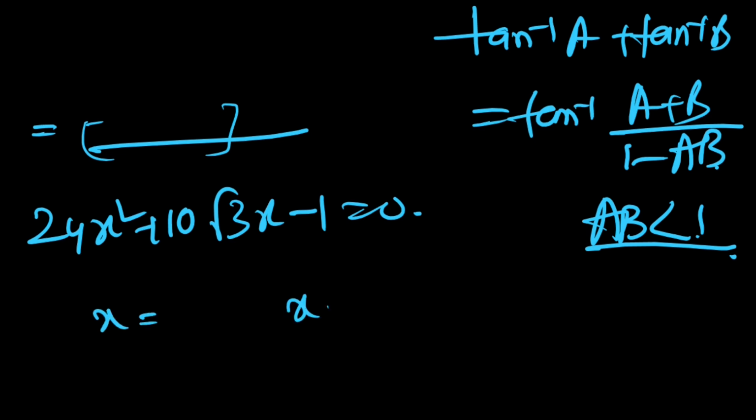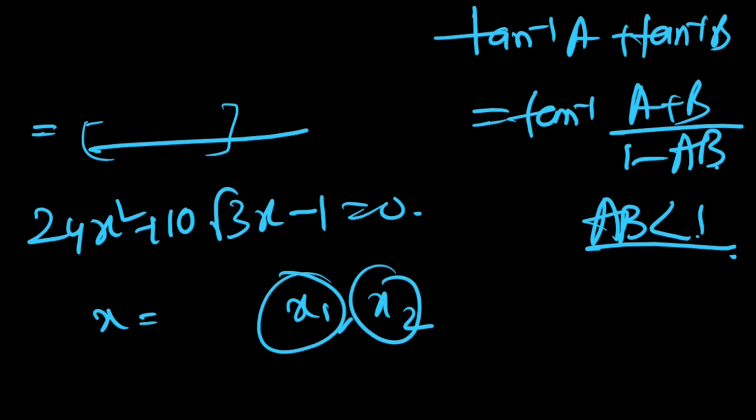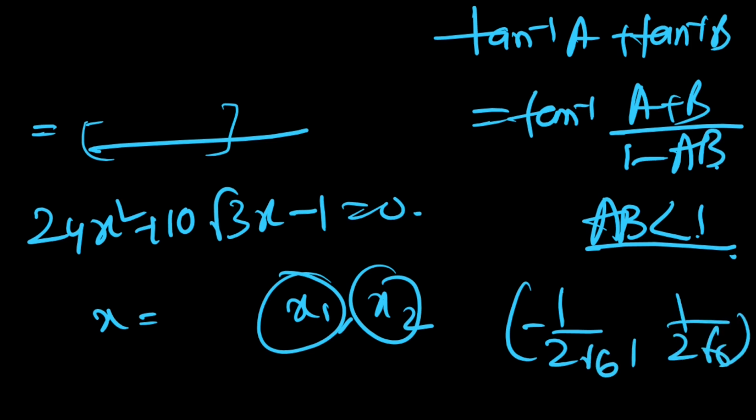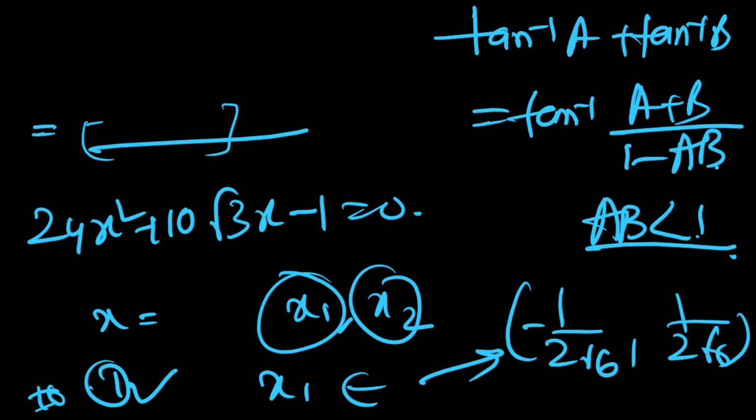There are two solutions, x1 and x2. Then we check which one lies between our interval minus 1 over 2 root 6 to 1 over 2 root 6, and we see that x1 lies between this interval, so therefore the number of solutions is 1. So we got our answer.